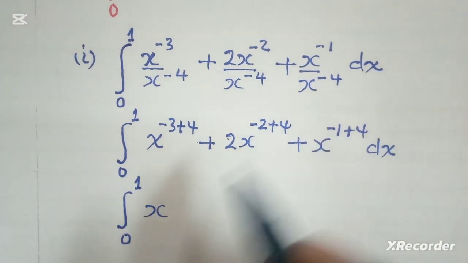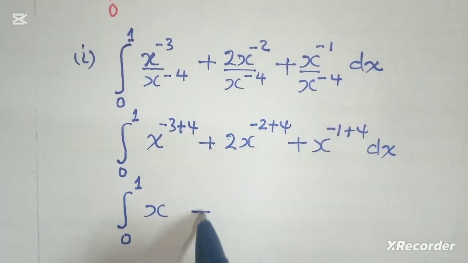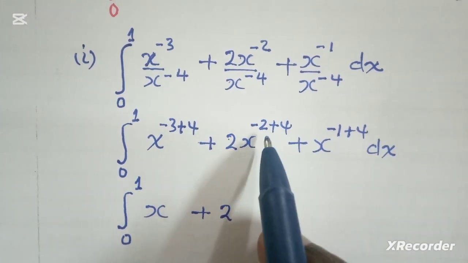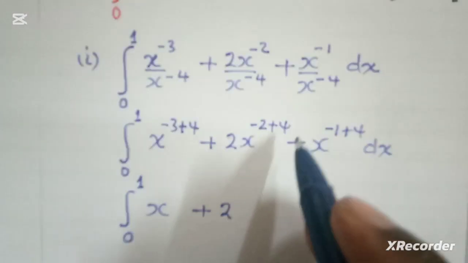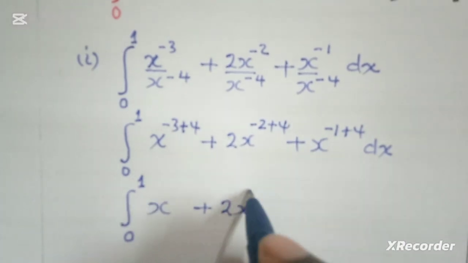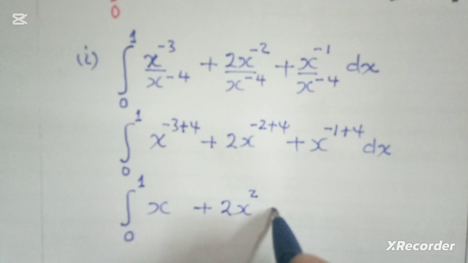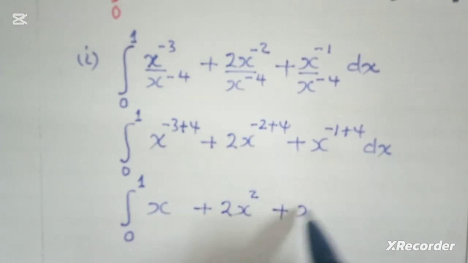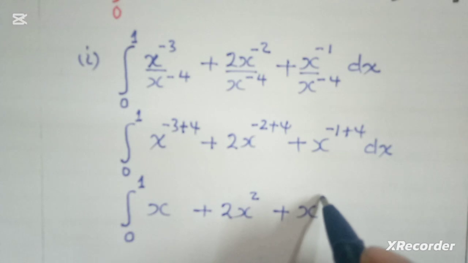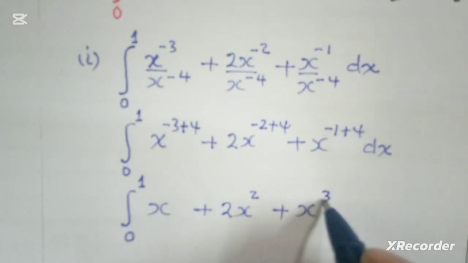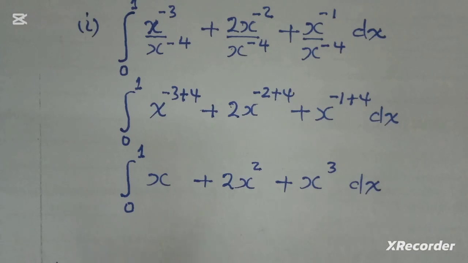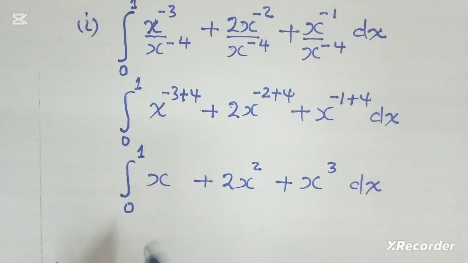So you can even leave it like that. Plus 2 x raised to negative 2 plus 4 is actually 2 x raised to 2, plus x raised to negative 1 plus 4, that is actually 3, dx. So guys, now we come and integrate.